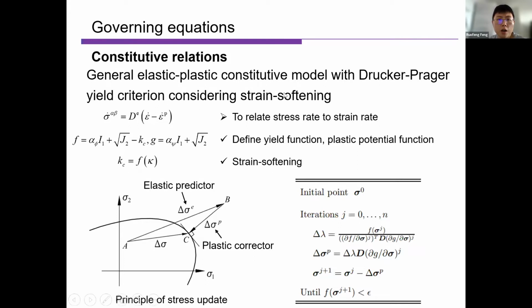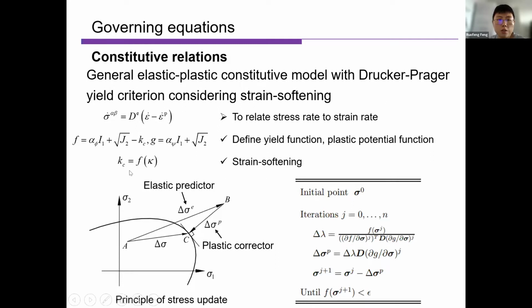Here we have a stress rate equation, which relates the stress rate to the strain rate. For the elastic-plastic theory, we need to define the yield function. Here is the Drucker-Prager yield criterion, and also the plastic potential function to determine the direction of the plastic deformation. Here we also consider the strain softening.